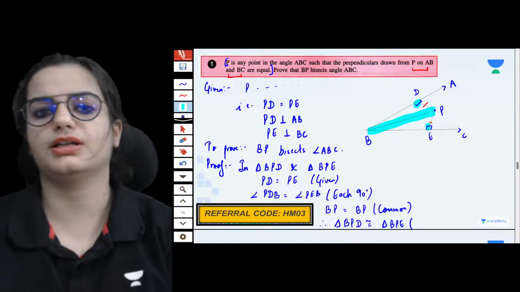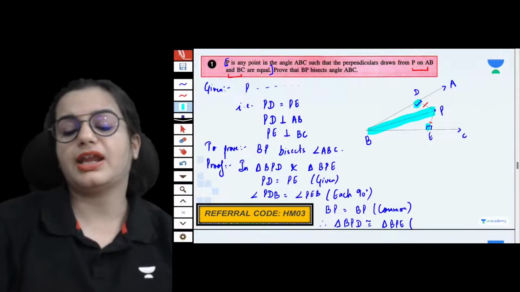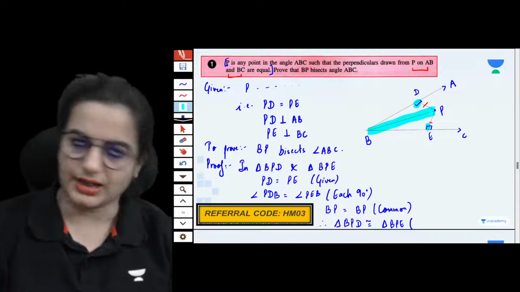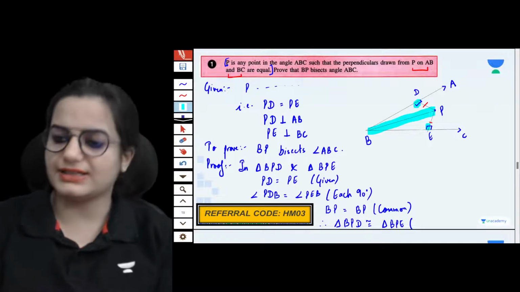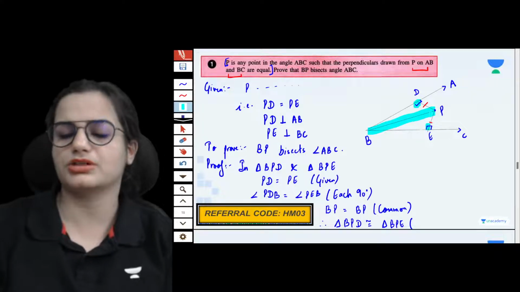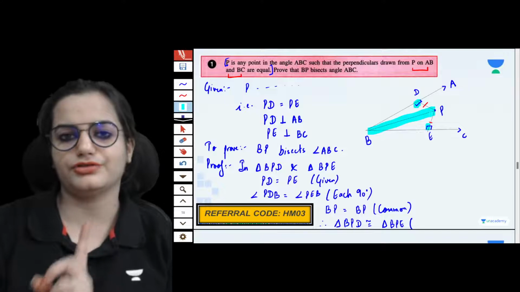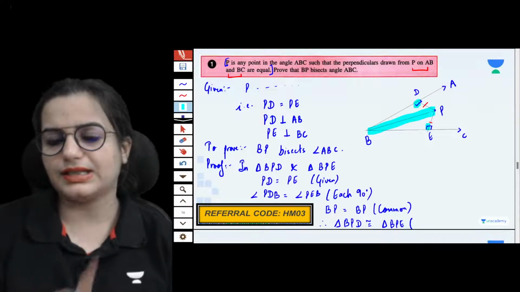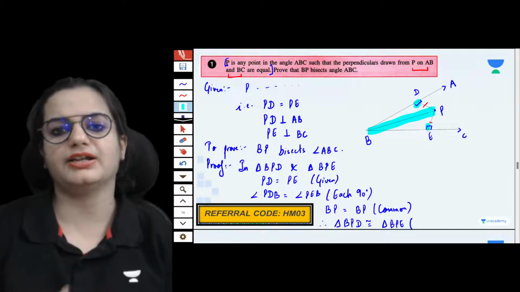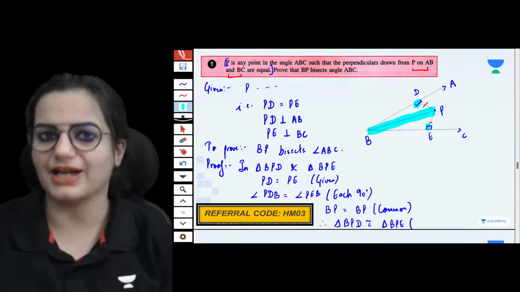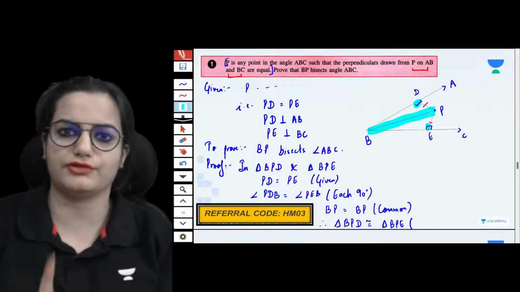Most of the students will get confused in SAS and RHS. I'll tell you the difference between these two terms. RHS और SAS में क्या difference होता है, but first of all you should remember that RHS के लिए हमें 90 डिग्री के opposite side चेक करनी है, जो आपका क्या होता है, hypotenuse. आप कभी भी confuse नहीं होंगे.